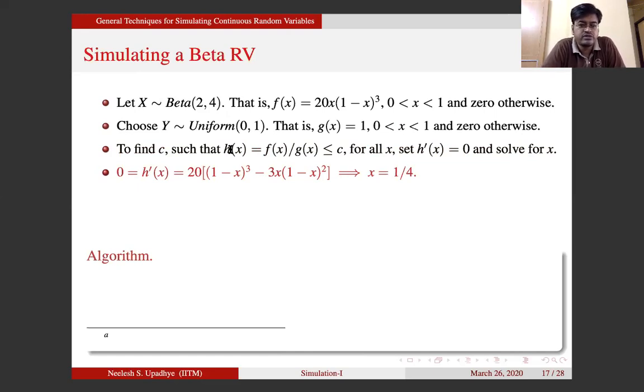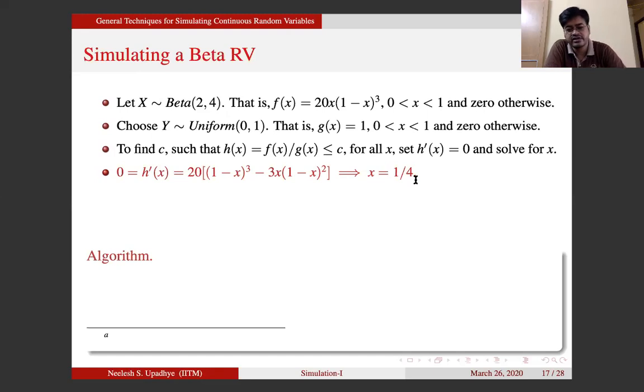Therefore there will be two possible values of x: x equal to 1 and x equal to 1/4. Of these, x equal to 1 is not a feasible value because I have already excluded that value by this condition. So the only feasible value is x equal to 1/4.